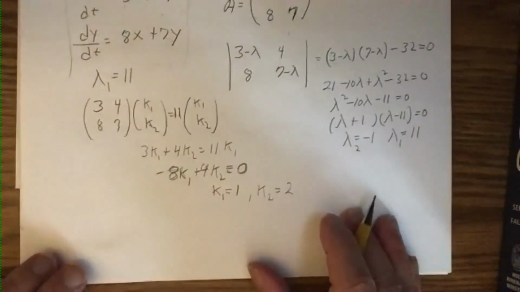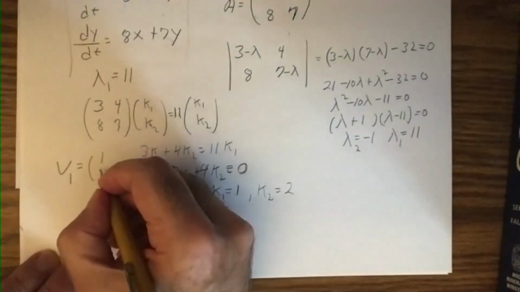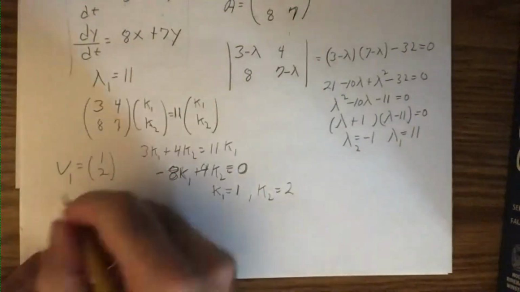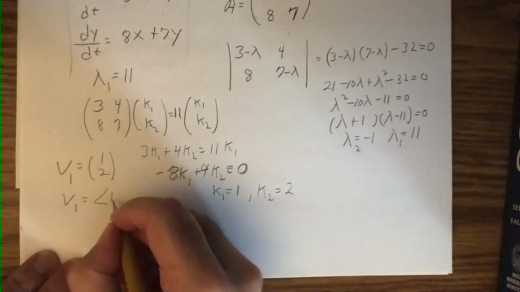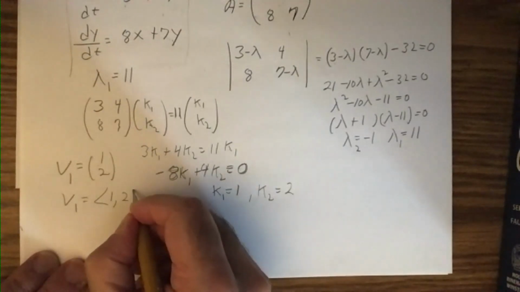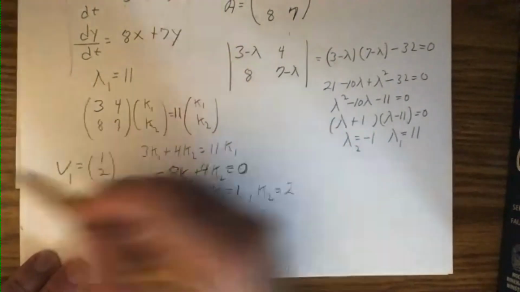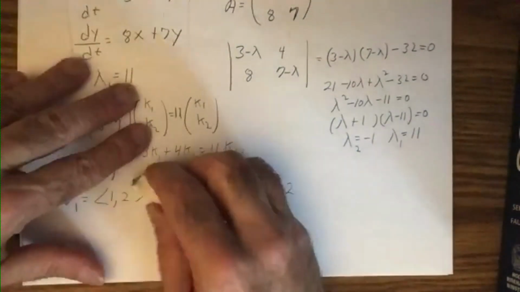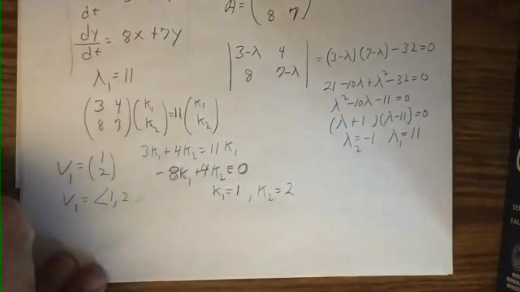So my eigenvector, v1, I can write as 1, 2. I can write it like that, or we can also write it like this. There's notation your book uses. I can write it as a column vector, or I can write it as a row vector. When I write it as a row vector, I put these symbols like this.